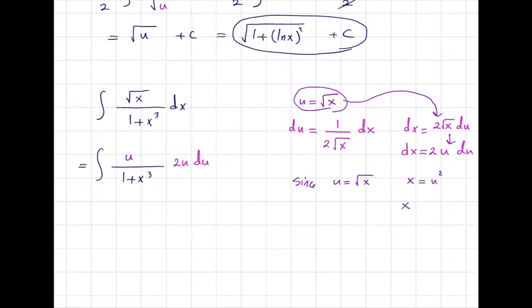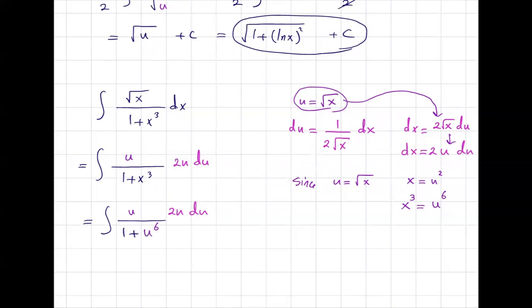So if I raise x to the power 3, it means that I have u to the power 6. Perfect. So my integral is now the integral of u times 2u du divided by 1 plus, I have x to the third, which is u to the power 6. Very good.